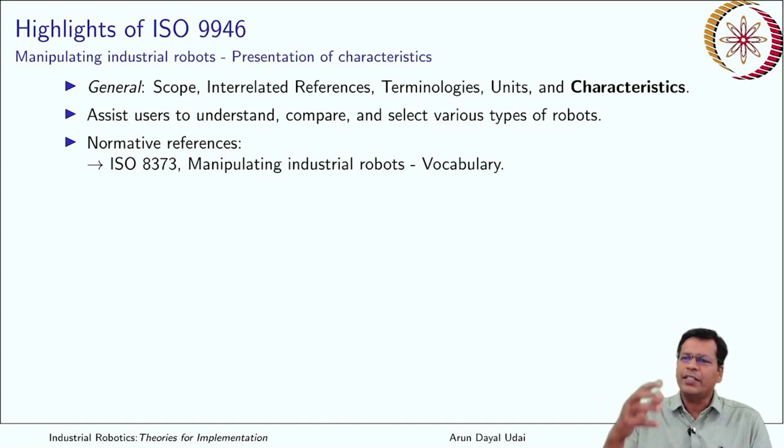While doing so, it can even drag an electrode over a surface and do some welding work. That also is a manipulating robot, so all that finds its place in this.